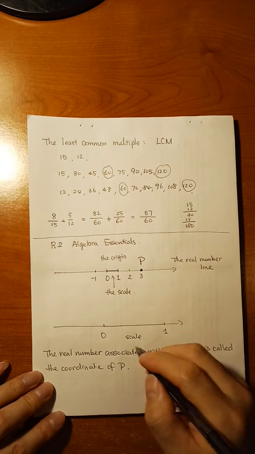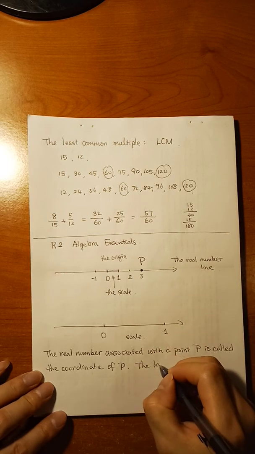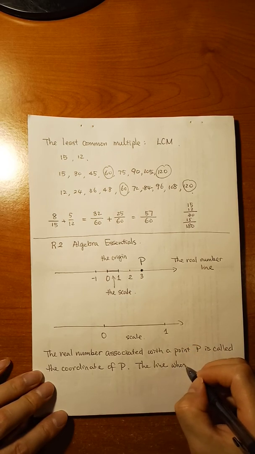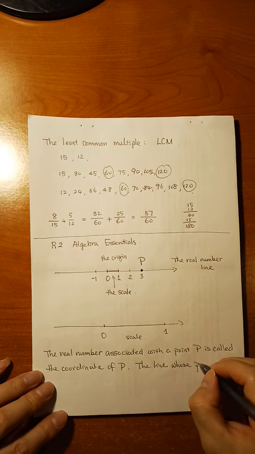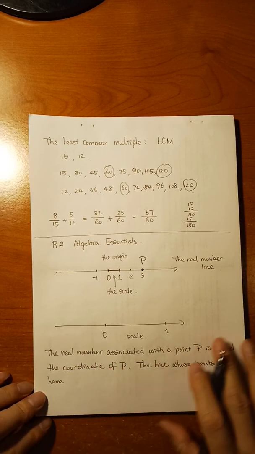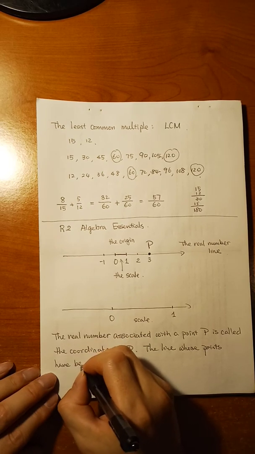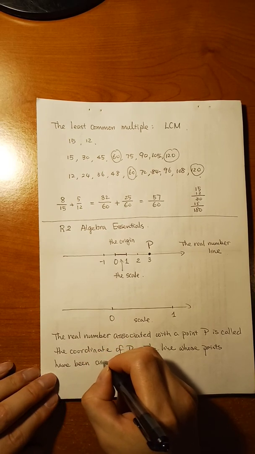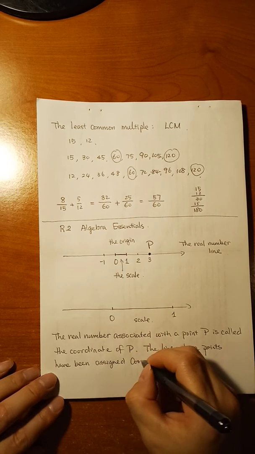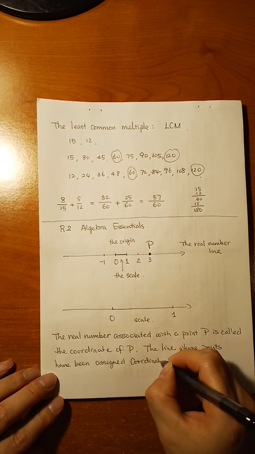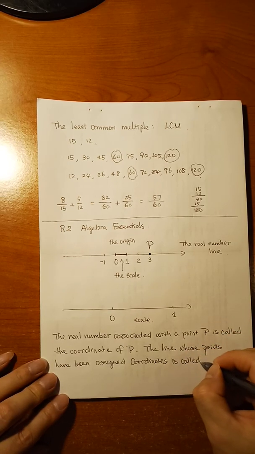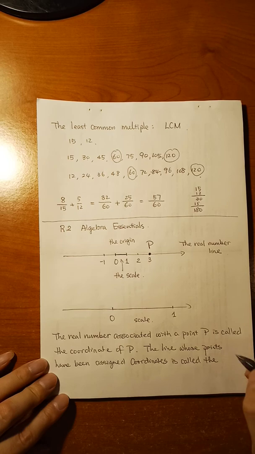Okay, so the line whose points have been assigned coordinates is called the real number line.